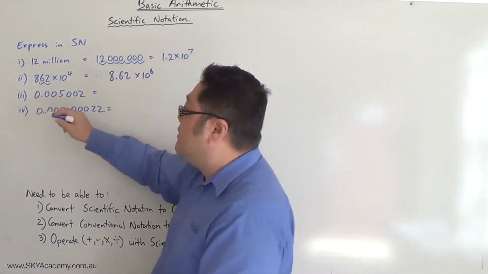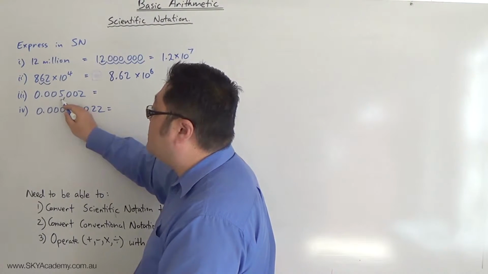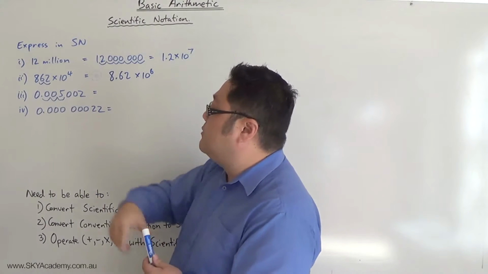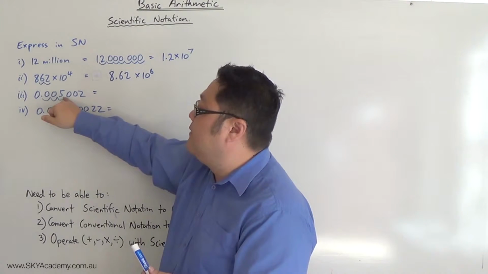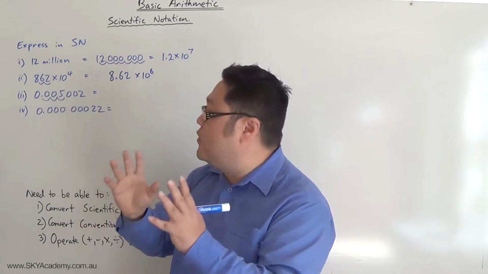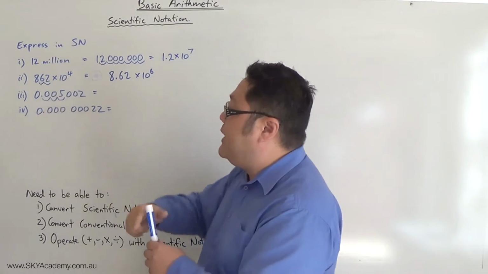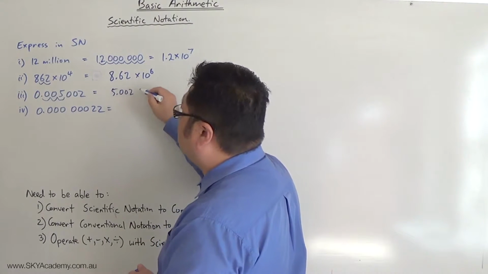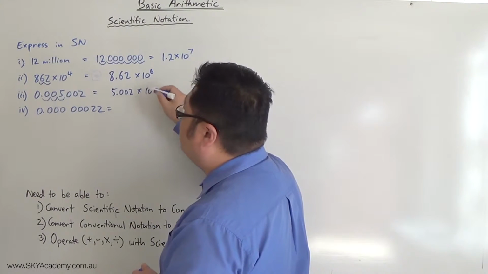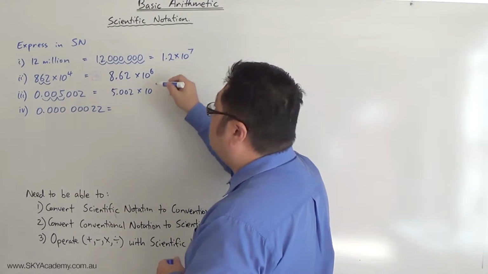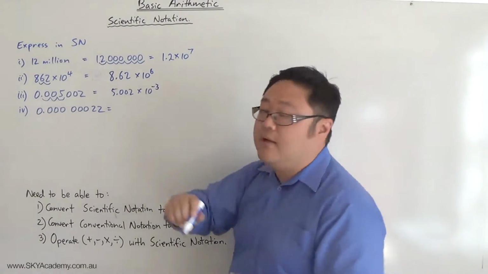This number here, this time we're moving the decimal point 1, 2, 3, and we need to put the decimal point there because the number that's between 1 and 10, the first number, will be 5 point something. 5.002 times 10 to the, we're going 3 places to the left this time, so it's minus 3.